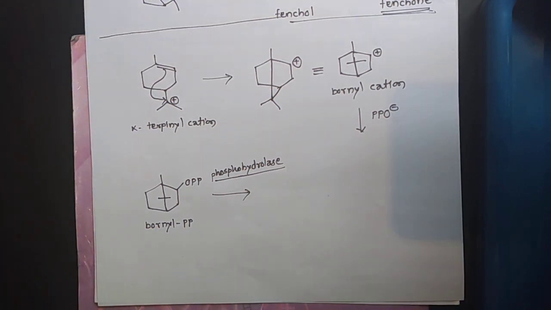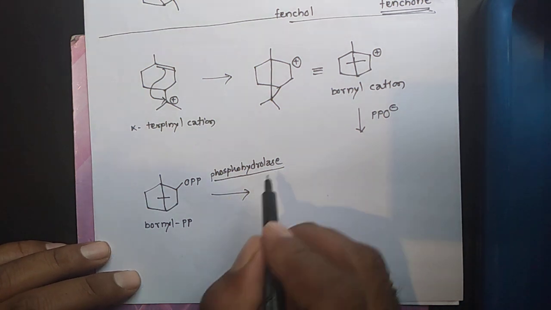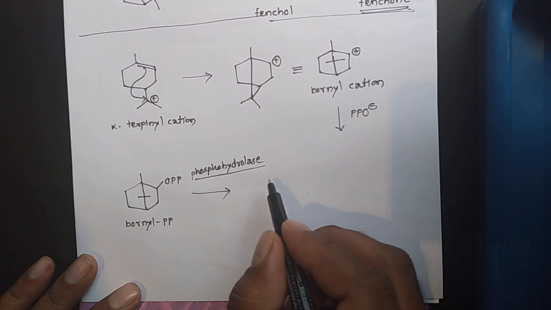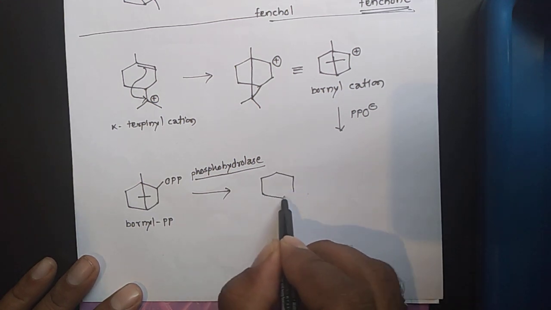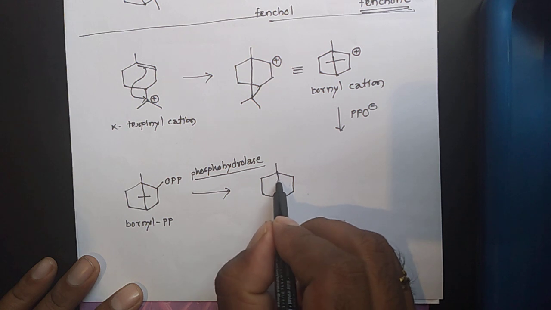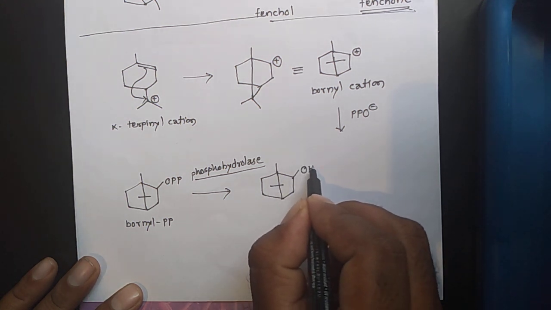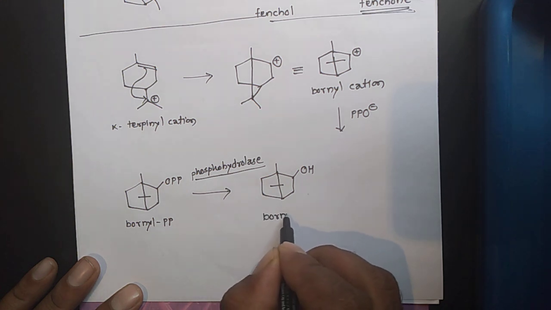If "ase" is there, this term comes from the different enzymes. If we use this type of enzyme on that compound, there will be a formation of this. Instead of OPP, there will be OH, which is called Borneol.